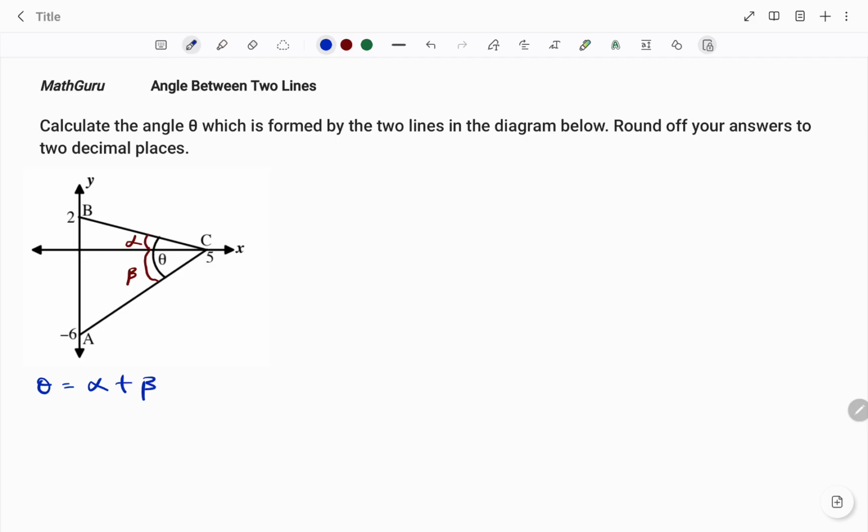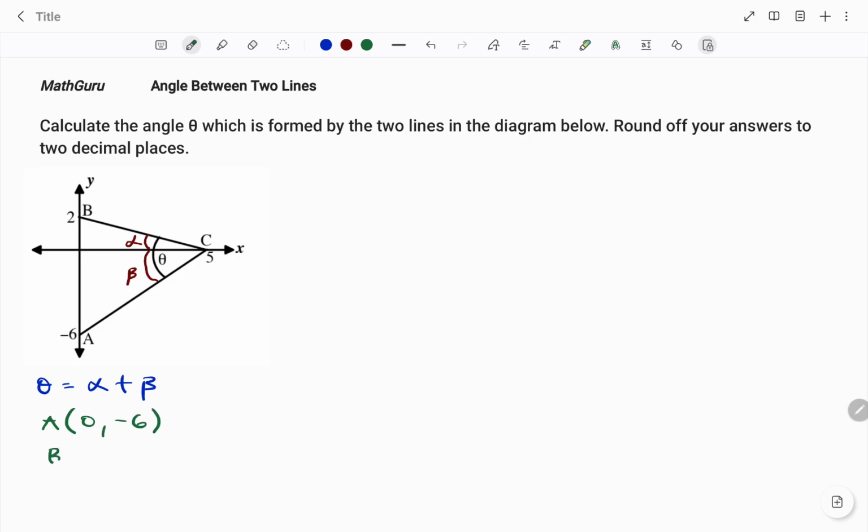To start, I will find the coordinate of each of the points shown, starting with the coordinate of A. Because A is lying on the y-axis, the value of x is 0, but the value of y is -6.